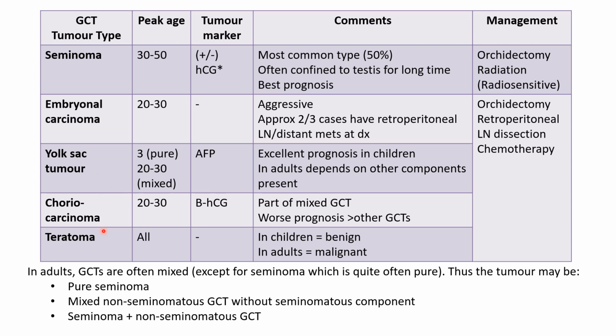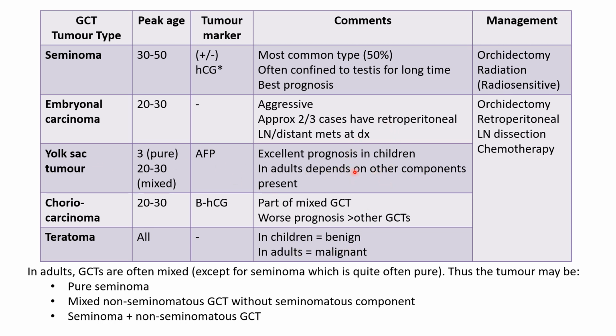I'm reserving yolk sac tumor and teratoma towards the end, because you can see that for these two tumors, when they occur in pure forms, they have different prognosis in children versus adults. For both tumors, if they occur in children, the prognosis is excellent.